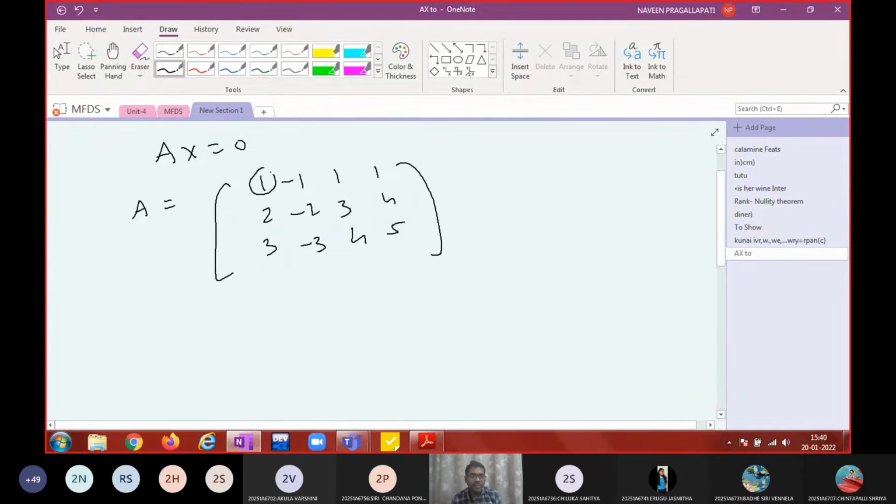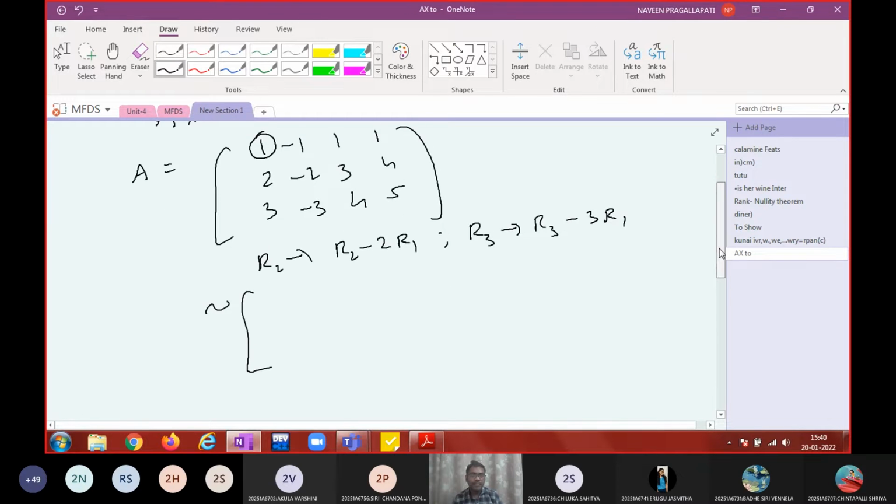You apply row operations: R2 gets R2 minus 2R1, R3 gets R3 minus 3R1, and this is equivalent to 1, minus 1, 1, 1; 2 minus 2, 0, minus 2 plus 2, 0.